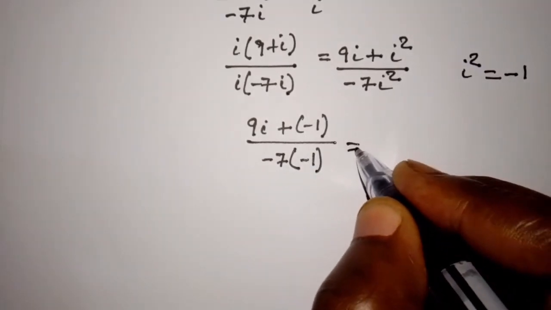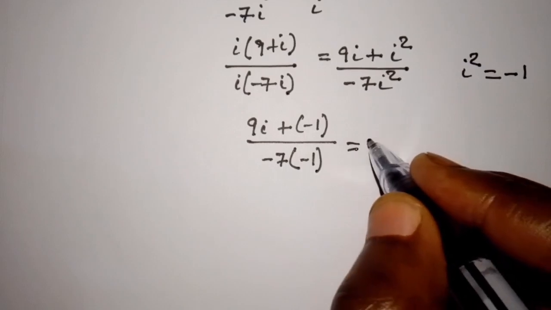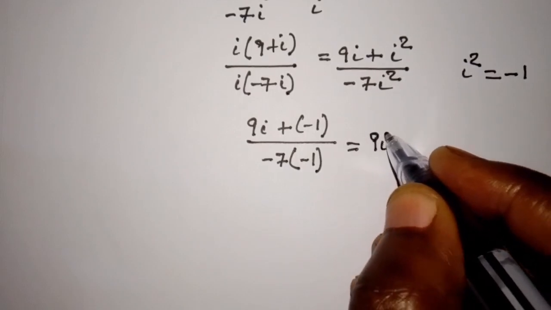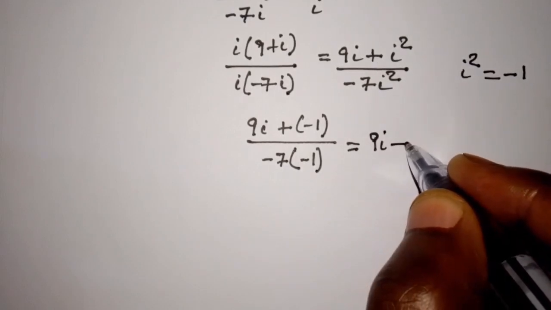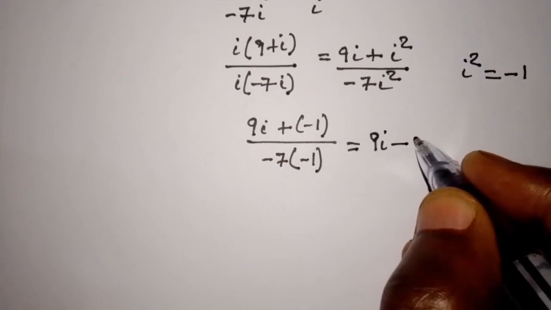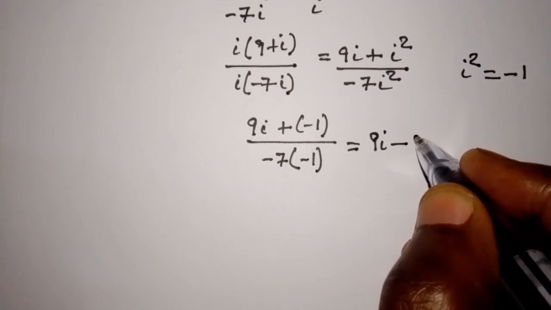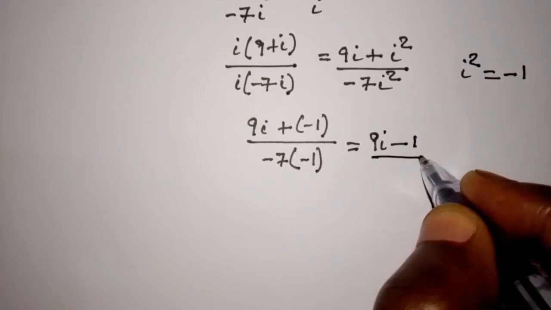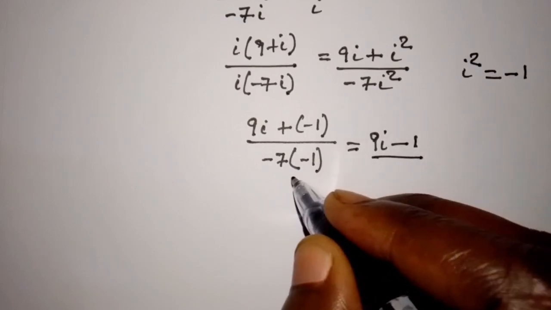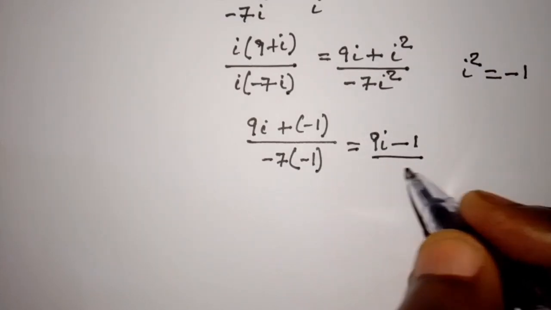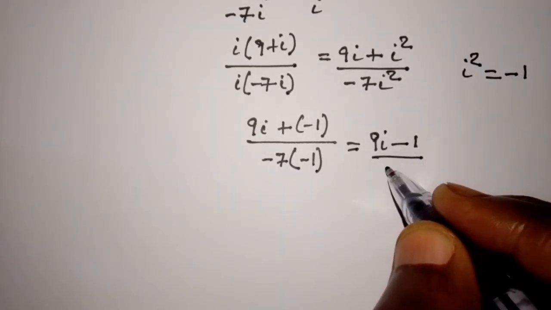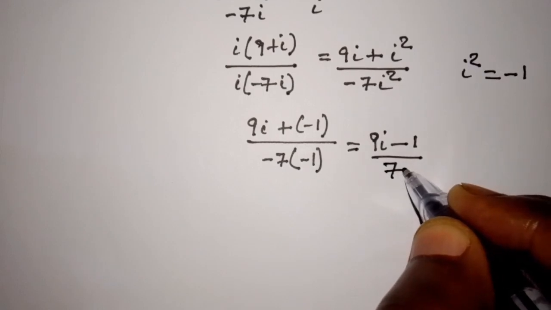This is giving us 9i minus 1 over negative 7 times negative 1, which is positive 7.